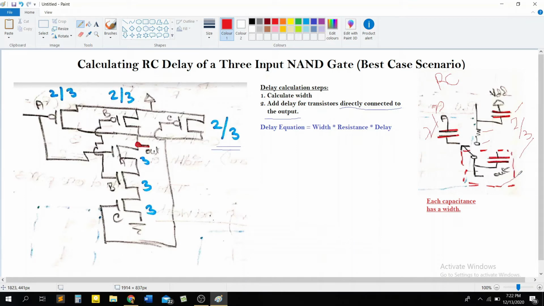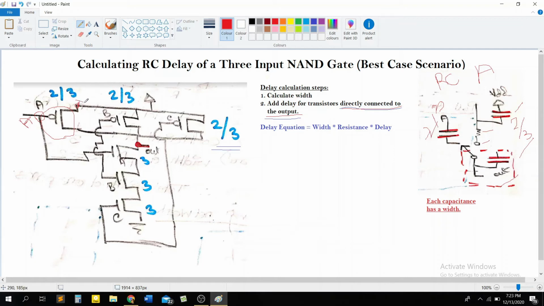But the thing you need to notice here is that this PMOS here is the one enlarged from this one, A. This is basically A. For the delay calculation, we can only consider the capacitances which are directly connected to the output. So in case of this PMOS transistor, the gate capacitance is connected to the input A. And the capacitance that's here is not connected to the output.